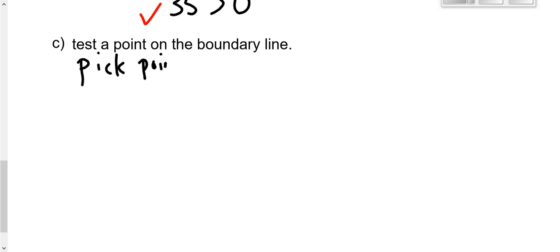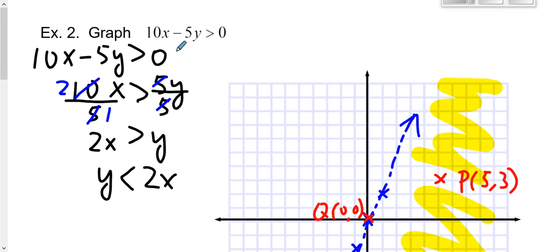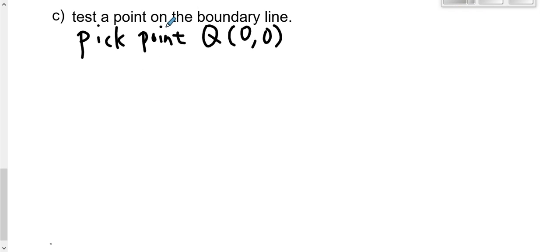Pick point Q. You don't even have to call it a point Q or P or A or something. So pick a point, in this case 0, 0. Now once again we are going to plug this into the original inequality, which is 10x minus 5y greater than 0. So 10x minus 5y is greater than 0. So plug in, well, this one's easy, but I'll still do it for you.